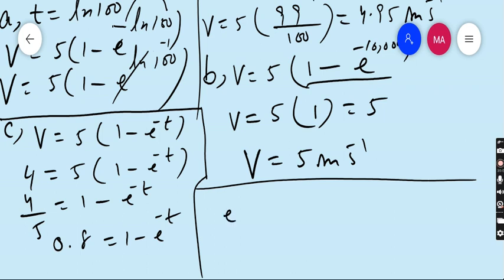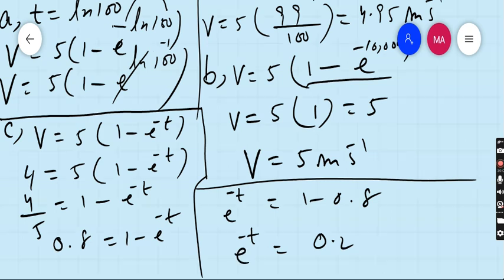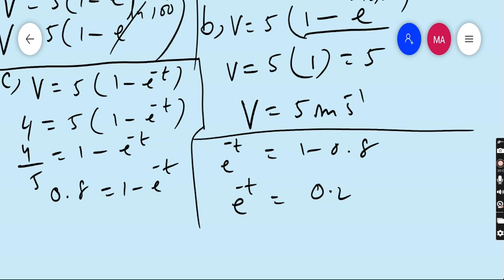So e power minus t equals 1 minus 0.8, which is 0.2. Taking ln on both sides, ln e power minus t equals ln 0.2.